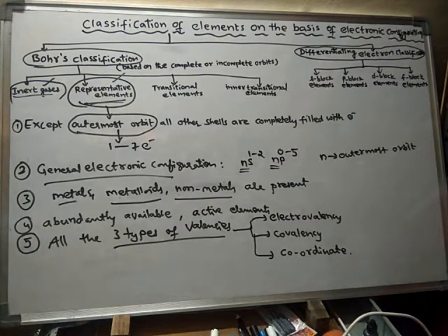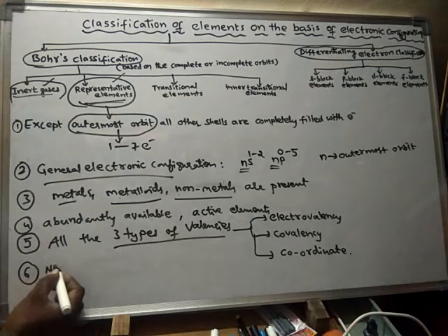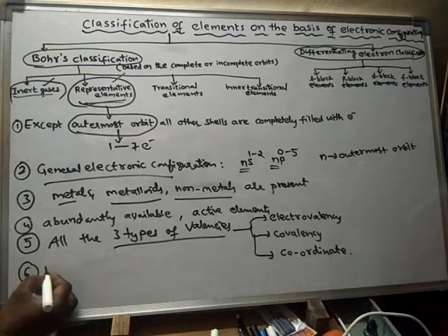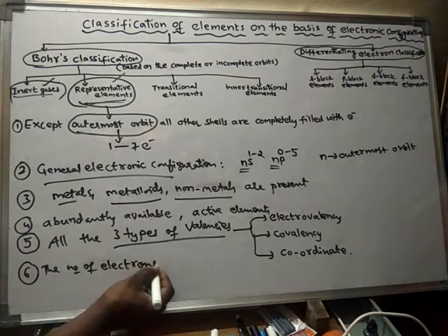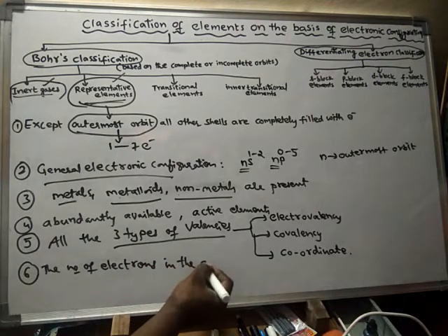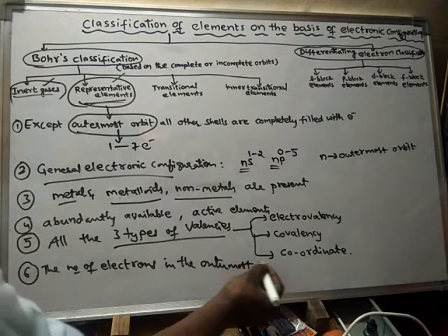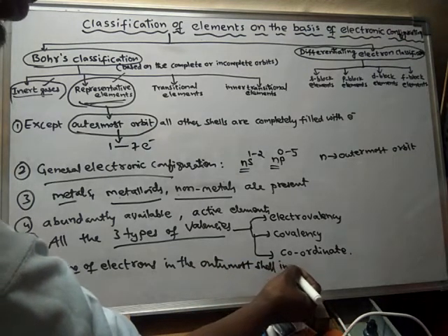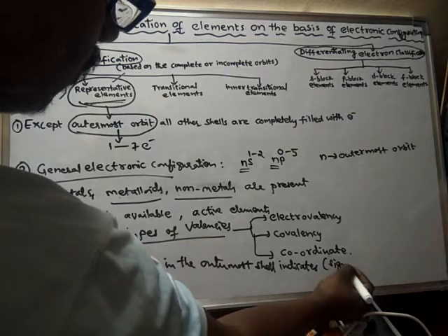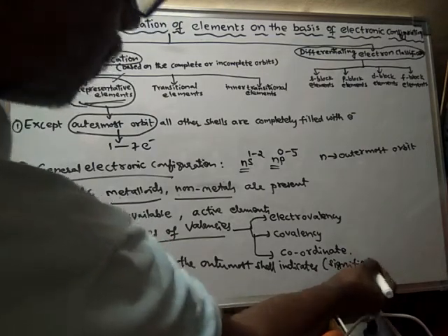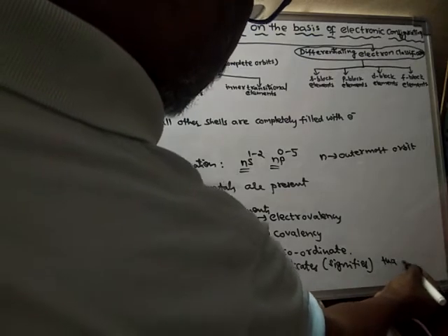Next, the number of electrons in the outermost shell indicates, or signifies, the group number of that element.